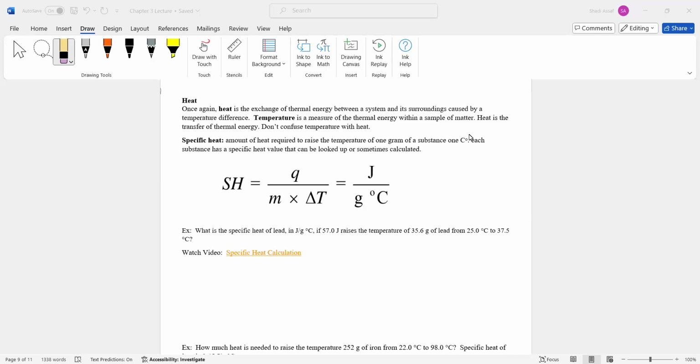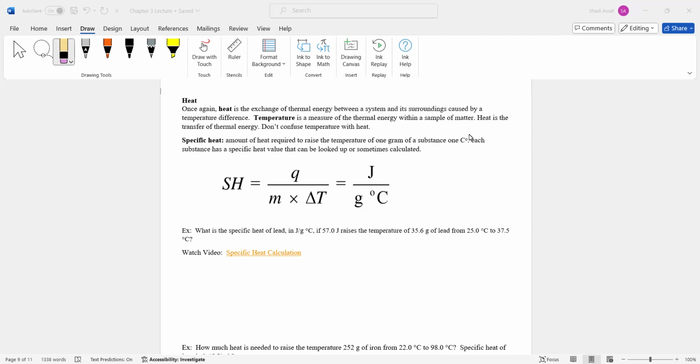So, if you have an ice cube placed on the palm of your hand, what happens is that heat is being transferred from your hand to the ice cube. Now, both your hand and the ice cube have different temperatures.